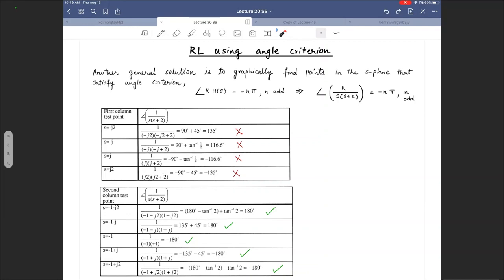We said that if the characteristic equation goes to 0, which means 1 plus k times h of s times g of s is 0, then the angle criteria says the angle of k times h of s, for this particular example, is an odd multiple of pi, minus n times pi, where n is an odd integer.